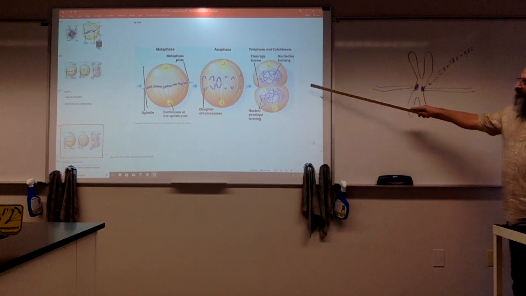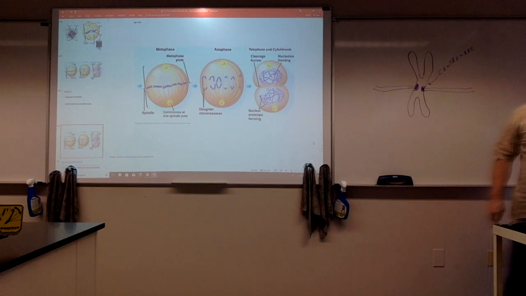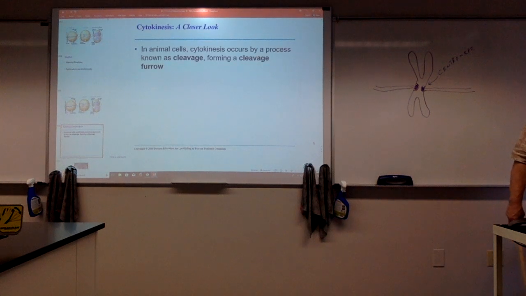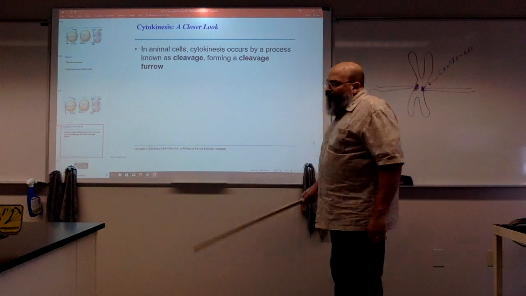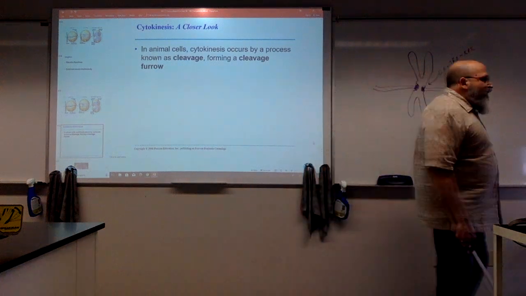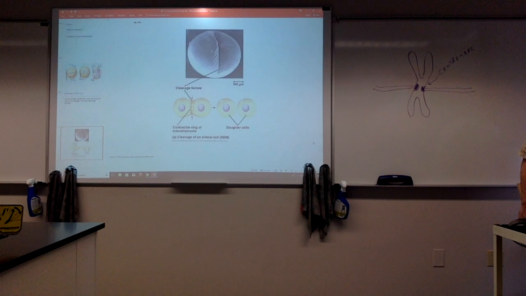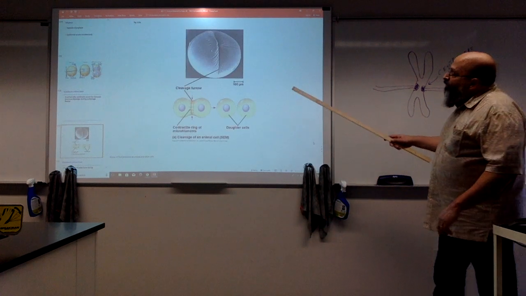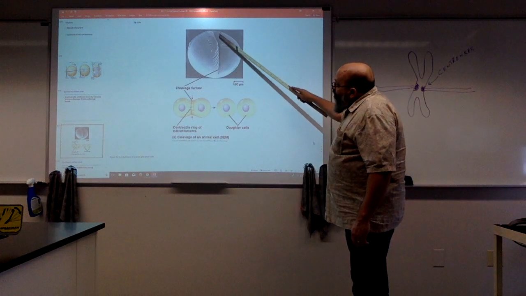So that represents cytokinesis when you see a cleavage furrow in animal cells, okay? So in animal cells, cytokinesis occurs by a process known as cleavage, forming a cleavage furrow, okay? So here it is right here. Here's an animal cell. And there's a cleavage furrow.